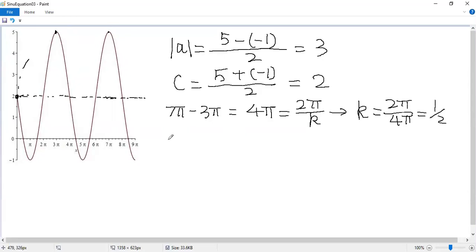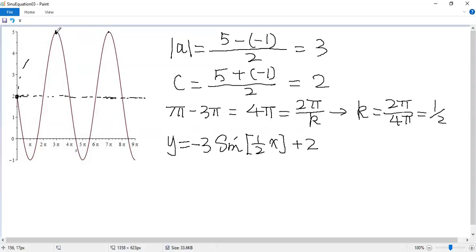So we know the equation will be y equals 3 but negative sine of k, which is half, times x minus 0, plus c, which is 2.